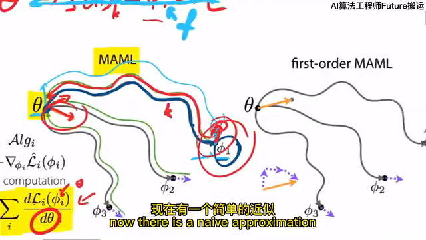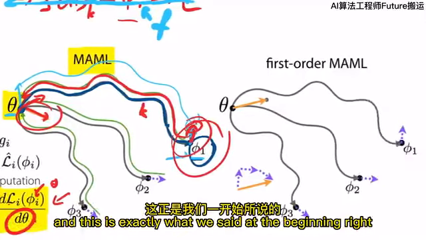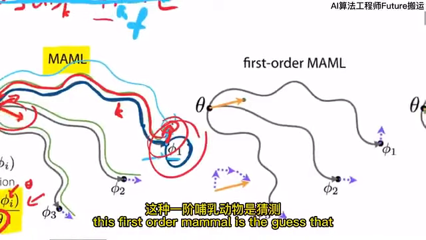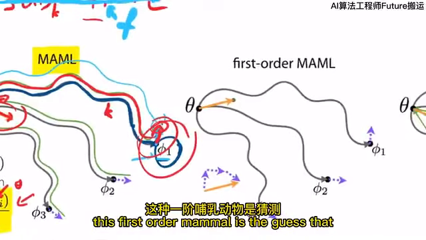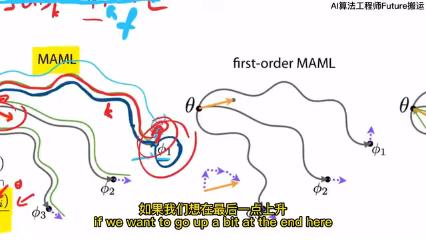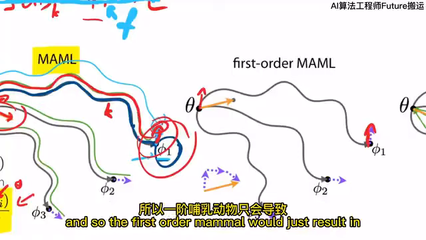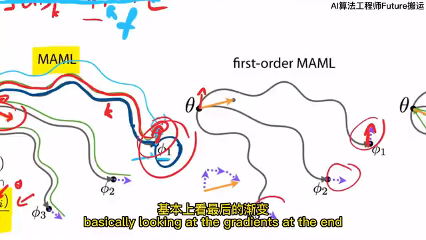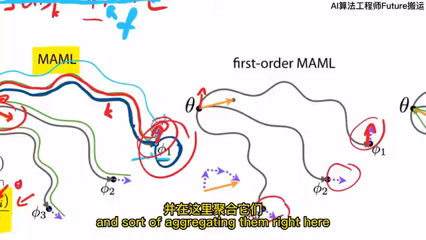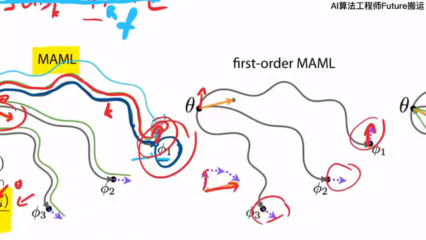Now there is a naive approximation, and this is exactly what we said at the beginning. This first-order MAML is the guess that if we want to go up a bit at the end here, why don't we shift the beginning up a bit? So first-order MAML would just look at the gradients at the end and aggregate them right here and then come up with a gradient.